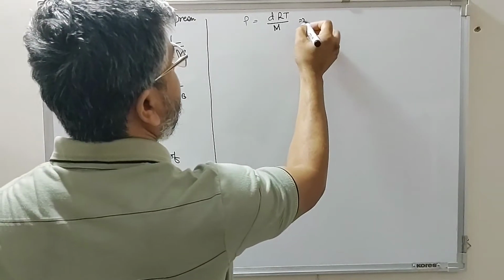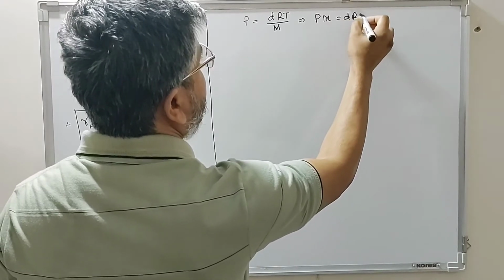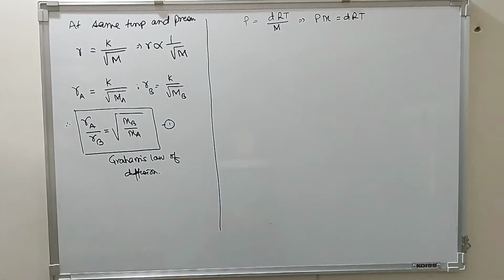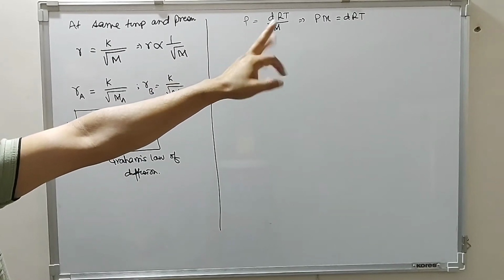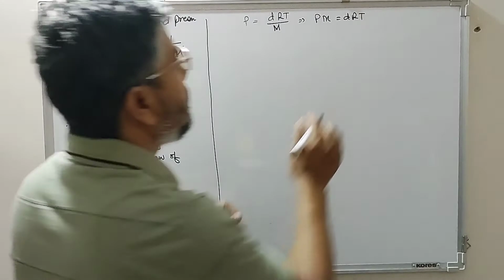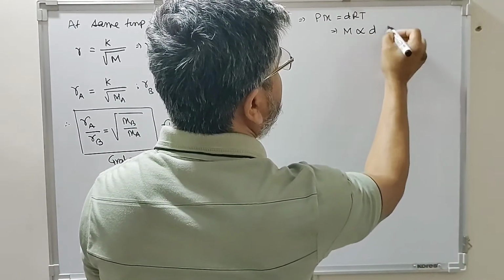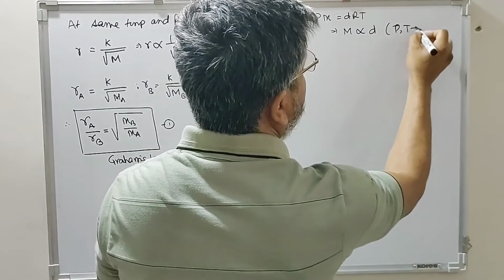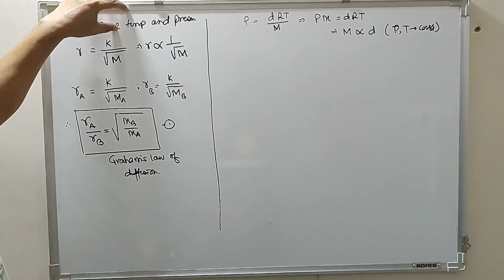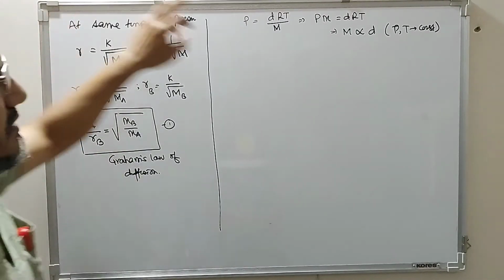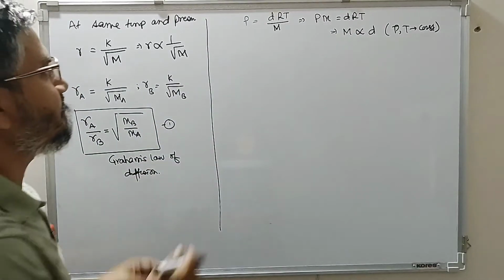So therefore we can say PM is equal to density times RT. So look at this, molecular mass is directly proportional to density, provided pressure and temperature are constant. Under this same pressure and temperature condition, molecular mass is directly proportional to the density of the gas, so we can replace this.